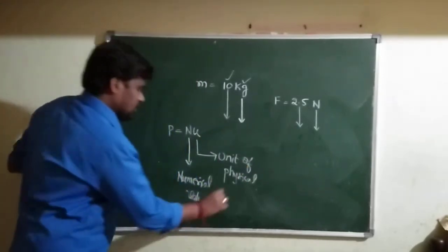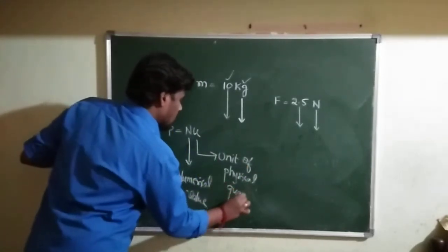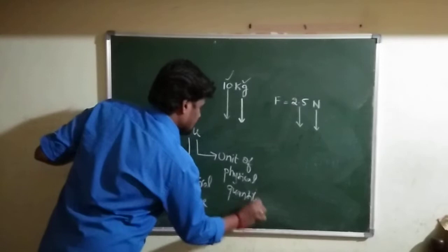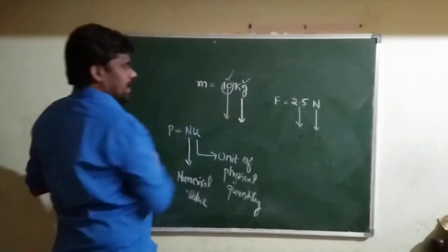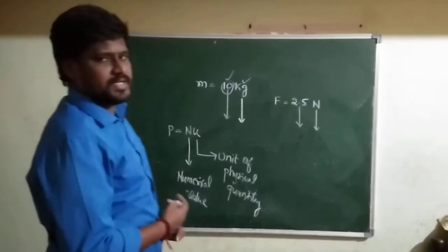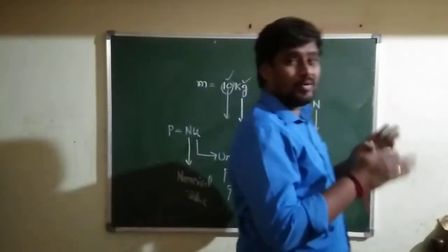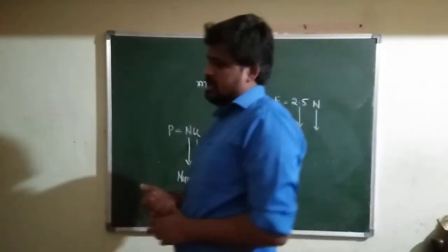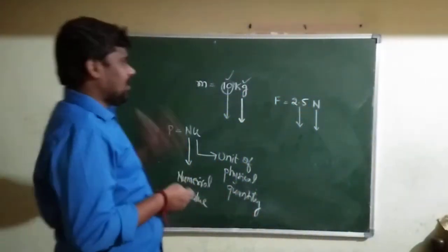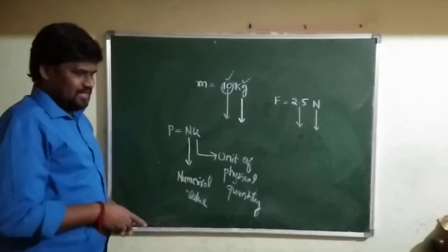Whatever measurement you consider, all measurements consist of two parts. The first part is a numerical value and the second part is the unit of the quantity you measure. This is how you measure any physical quantity and report the result.